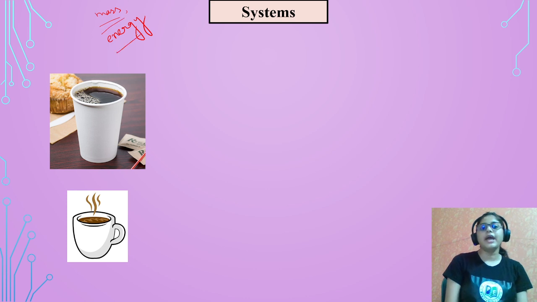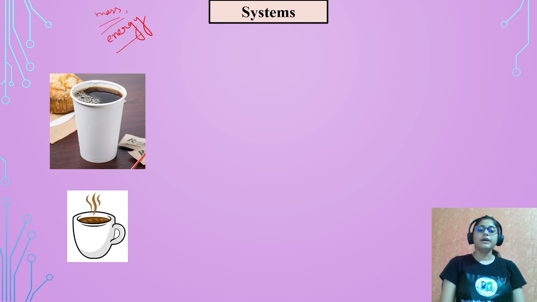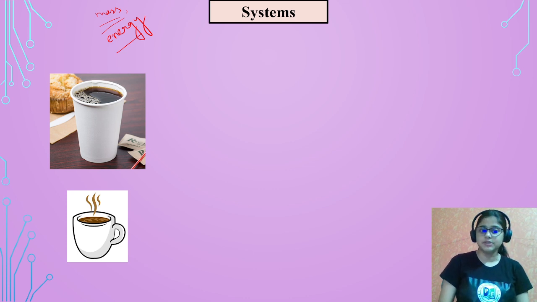So we have to see now whether mass and energy are changing or not in the systems. So here what is the system? This cup of tea or coffee, right? Because we are studying it. So here what is happening? It is open and vapors are there, which means that vapors are going outside.